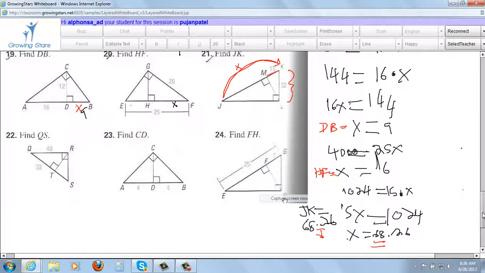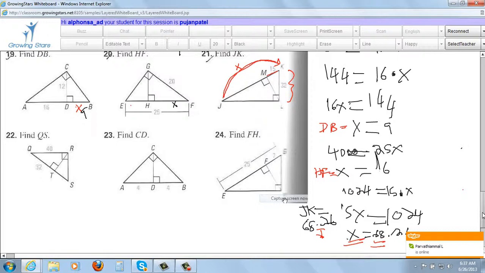How did you get 83? Oh, I added 15 because I thought JM was. Okay. But this is directly the answer using the geometric mean theorem.